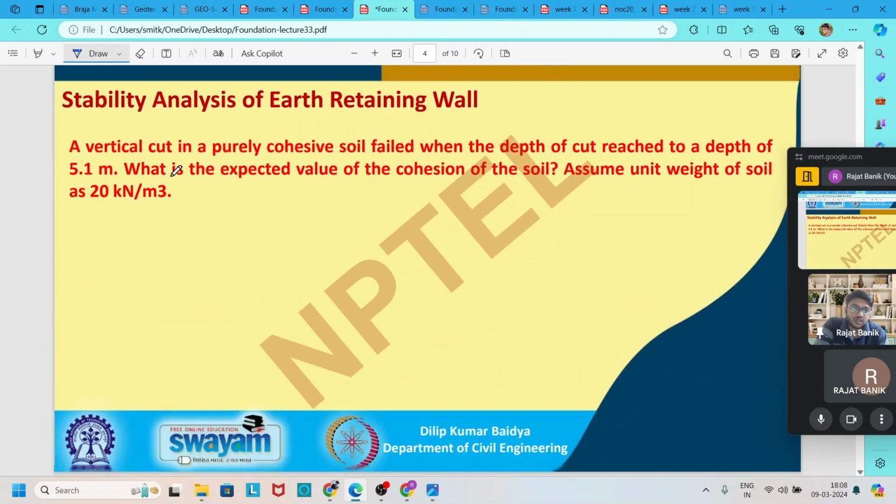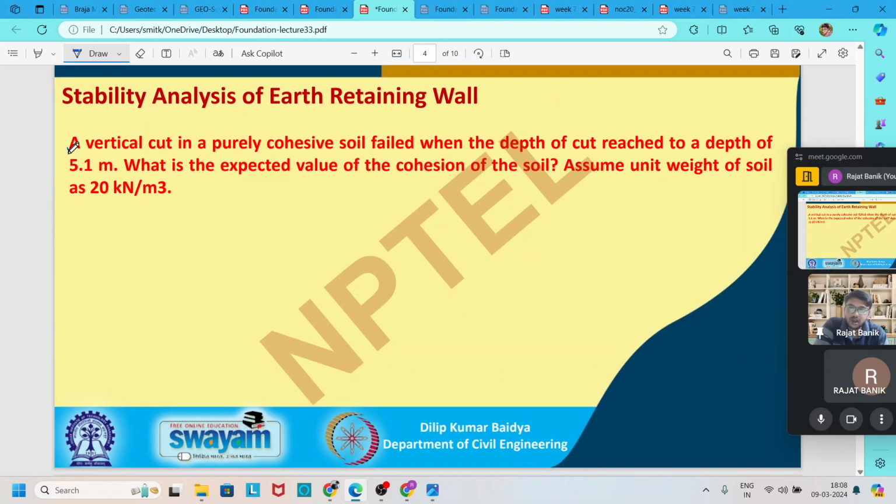I will just tell question number three of lecture number 33. We need to find out the cohesion of a vertical cut of purely cohesive soil, when the depth of the cut reached a depth of 5.1 meter, and gamma of the soil is given.